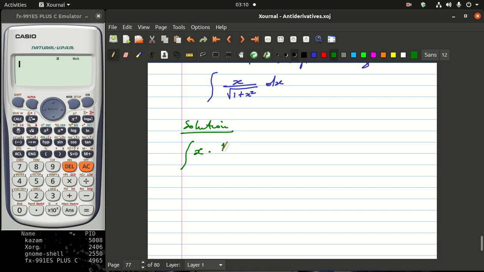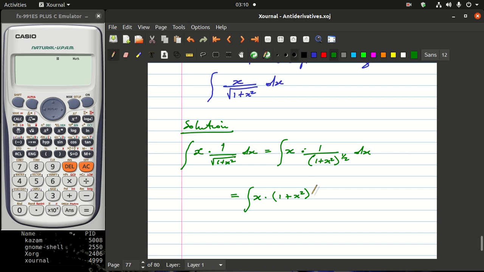Let me write it like this first: x times 1 plus x squared, raised to the power 1 over 2, dx. The next thing is I have x times 1 plus x squared raised to the power of minus 1 over 2, dx.